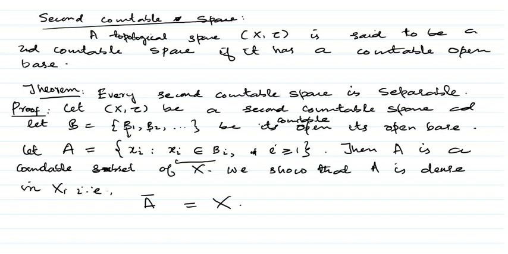So we have to prove the other inclusion. That means we have to prove that every point of X is in A closure. So let's choose any point in X. Let x be a point of X. We show that x belongs to A closure.